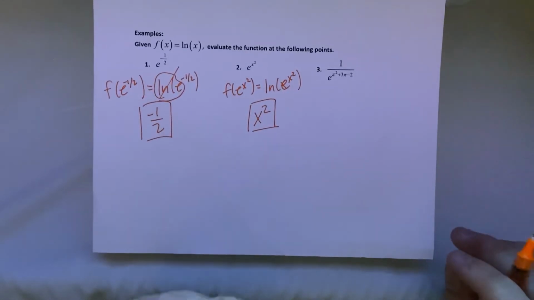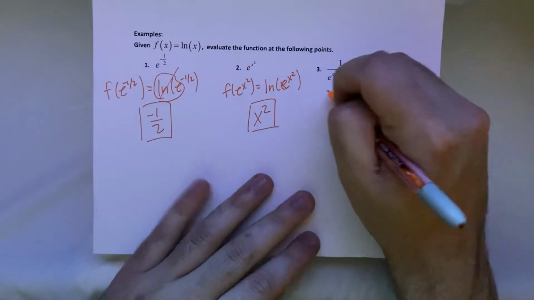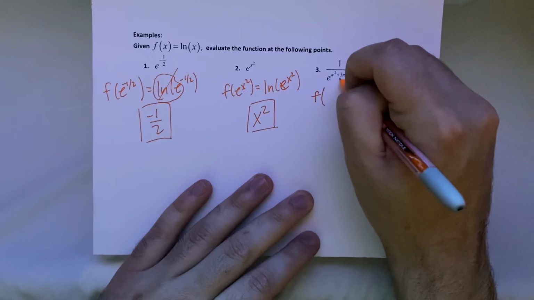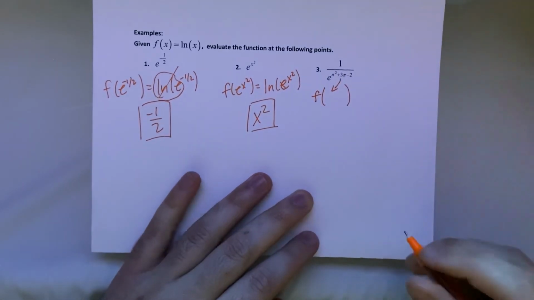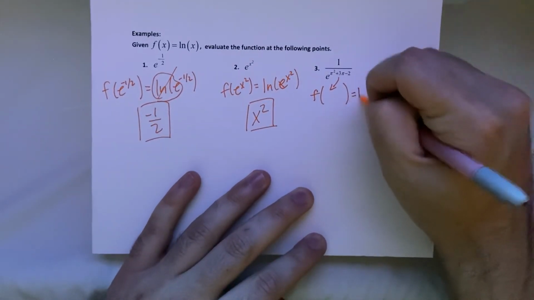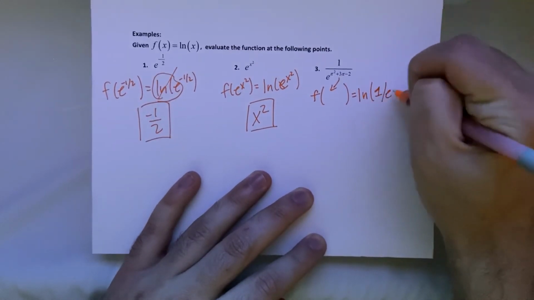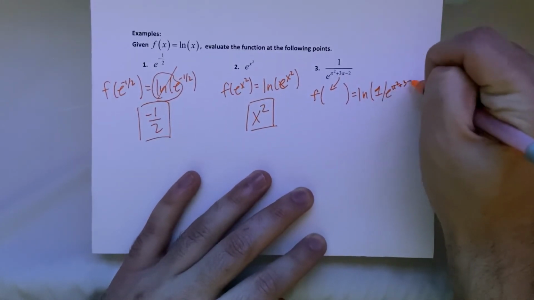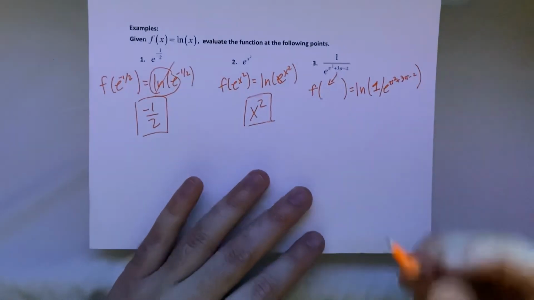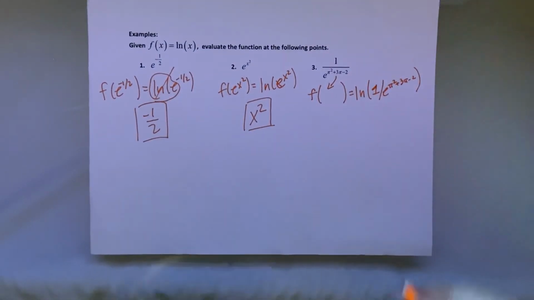Even 1 over e to the pi squared plus 3 pi minus 2. I'm going to write f of that thing and just draw the arrow. So it's the ln of 1 over e to the pi squared plus 3 pi minus 2. Now what do we know about ln's when there's division?